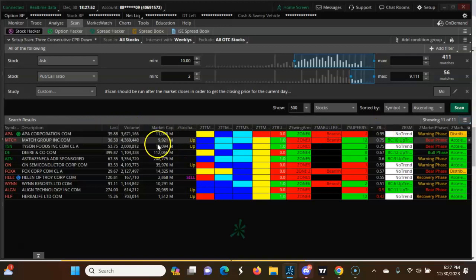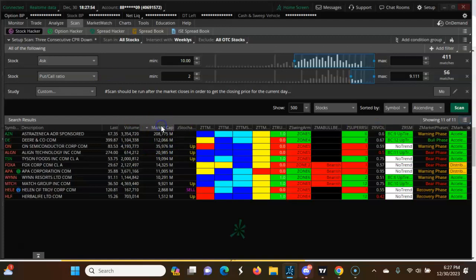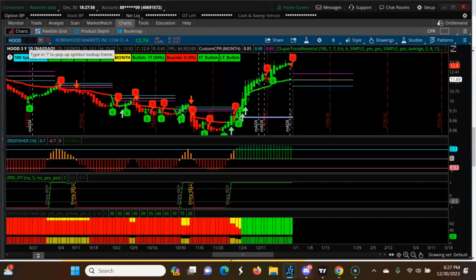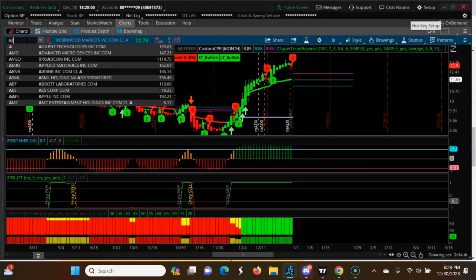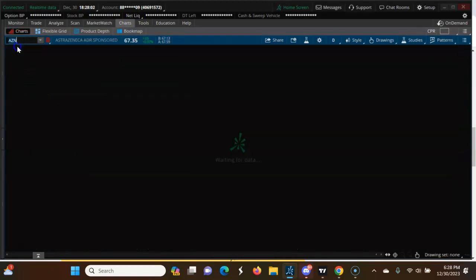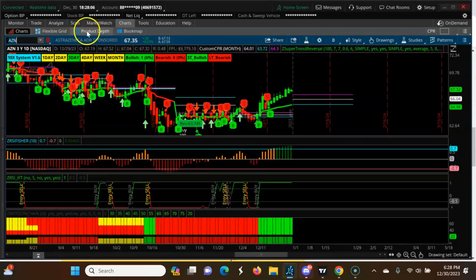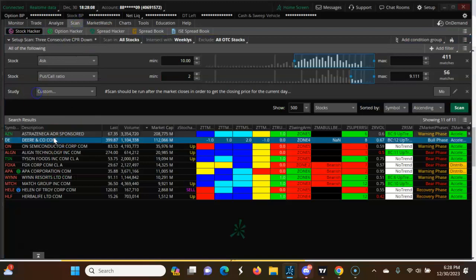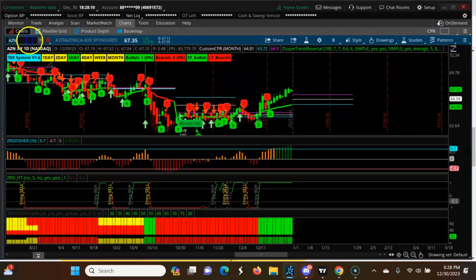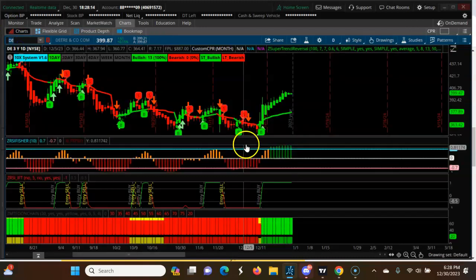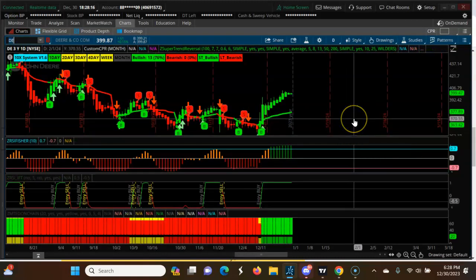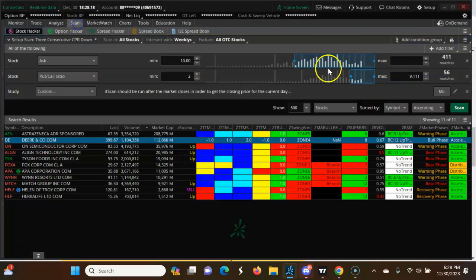Okay, now look at the market cap. AZN. Look at AZN. Not the right setup. DE. Okay, now let me add the VWAP.